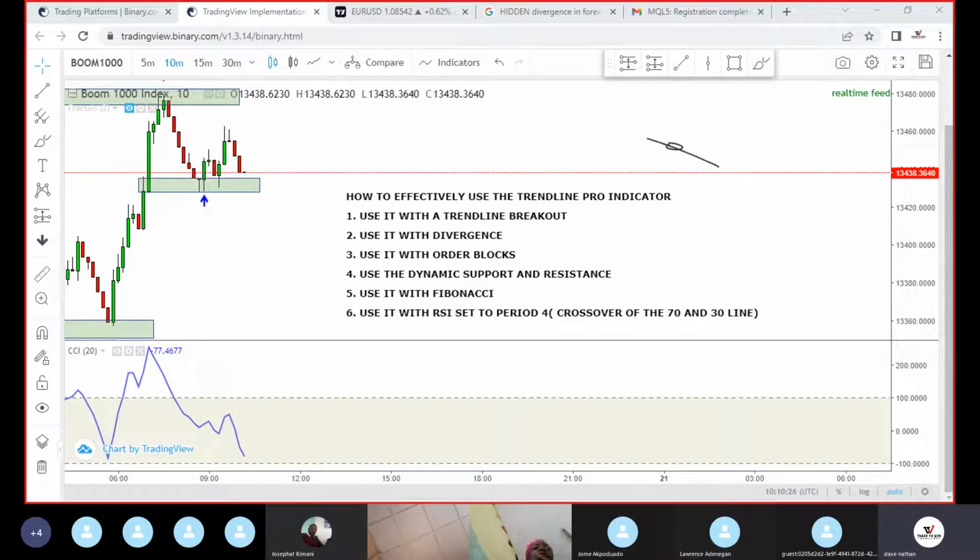So the best divergence I prefer taking is from the 60 level and 50 level. So whenever, let me go back to our MT5.